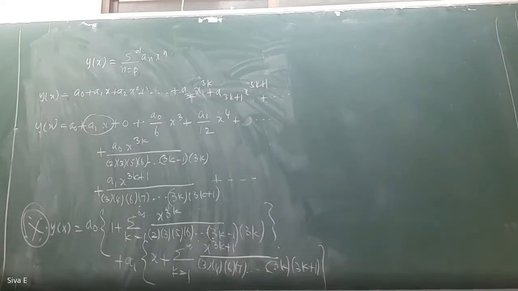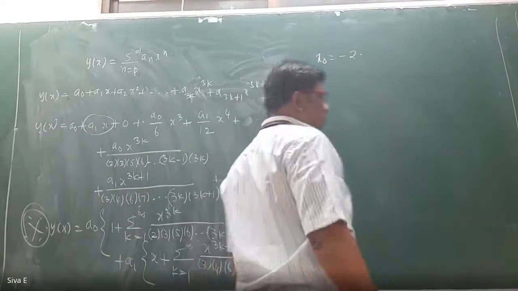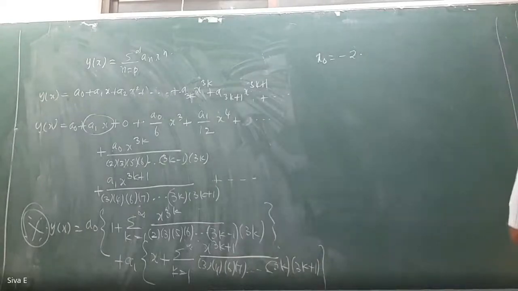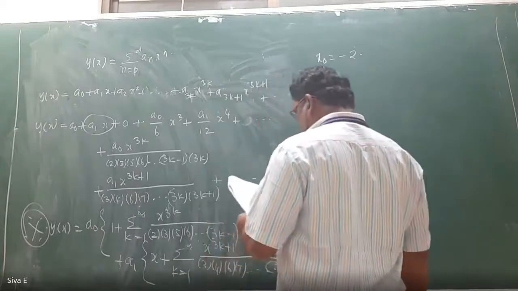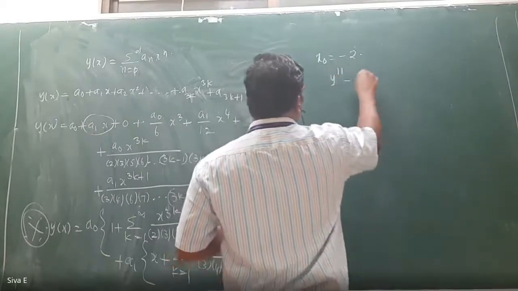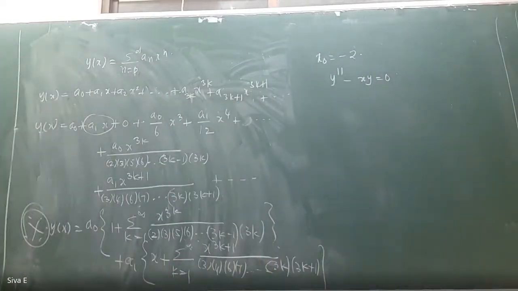Find the first four terms in each portion of the series solution around x naught equal to -2 for the following differential equation, y double dash minus xy equal to 0.